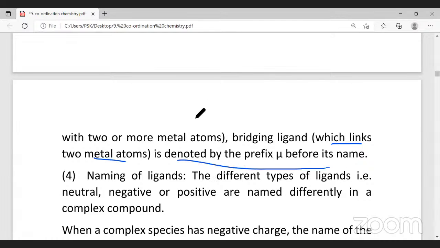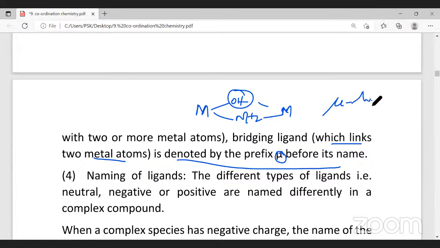Now, this is metal 1 and this is metal 2, a different metal or the same metal. If there is a ligand like OH, and a ligand like NH2, a bridge is formed between these 2 metals. These ligands have to be given a special prefix called mu. And this is hydroxo. So mu, hydroxo.